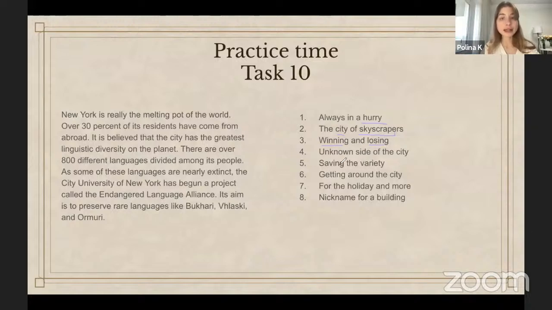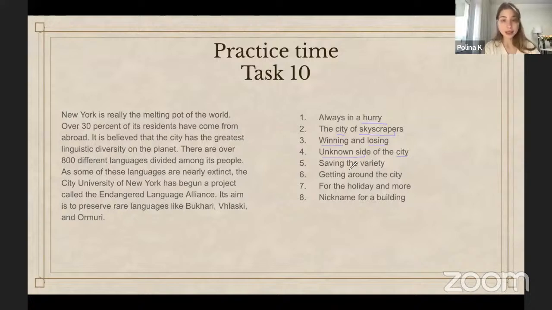Then number 4, unknown side of the city. Unknown side, city. We just skip of and there because there is an article, of is a preposition.